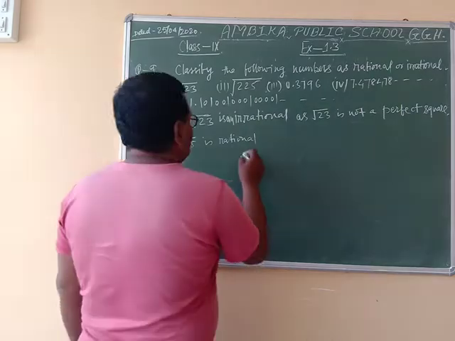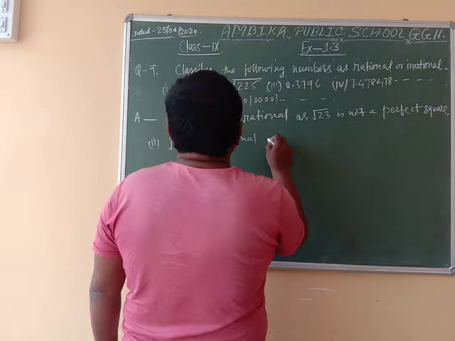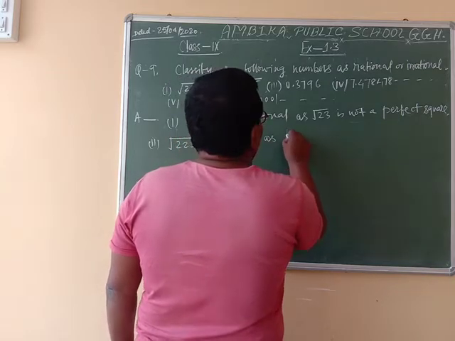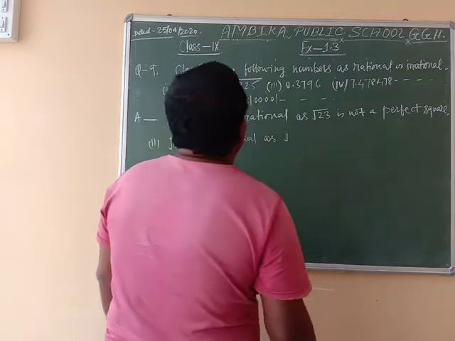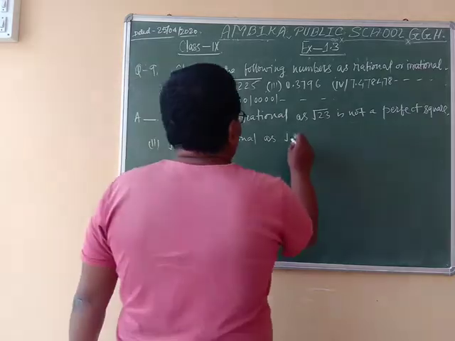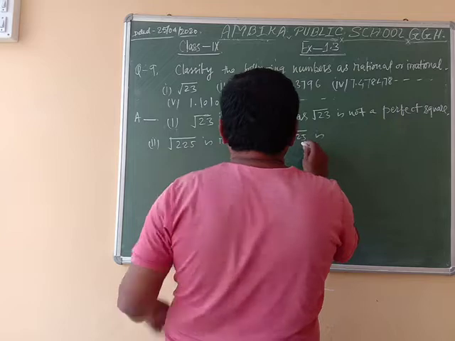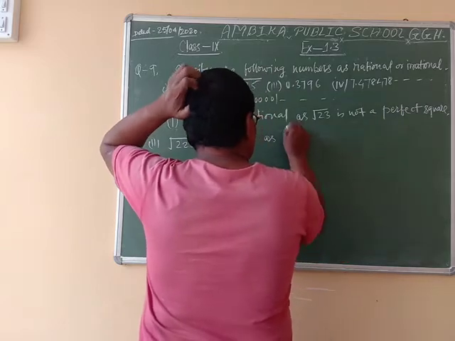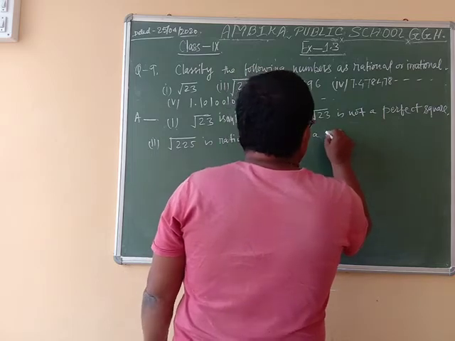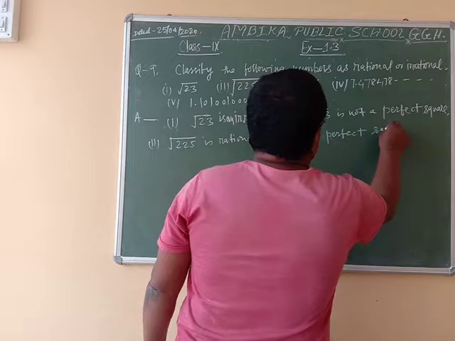Root 225 is rational as it is a perfect square number.